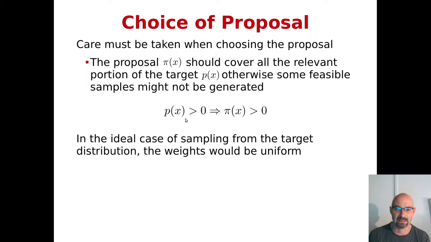If P of x is greater than 0 in a certain region, then also pi of x should be greater than 0 in the same region, because we need to be able to exhaustively cover P of x with infinitely many samples. If the target and the proposal distribution are the same, the weights are uniform, because all the information of the sample is in the sample position.